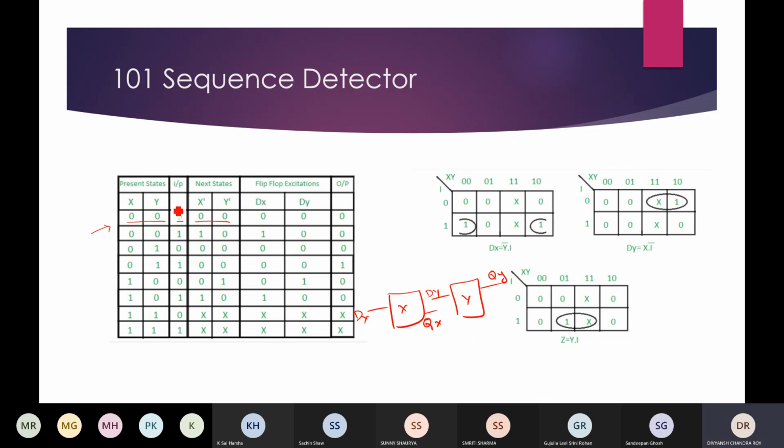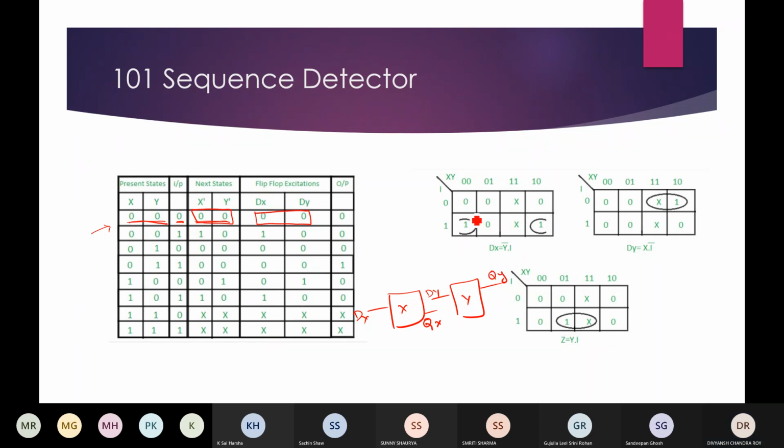So here you can see if my present state is 00 and input is 0, then next state is going to be 00, and to get 00 as output of D flip flop, we have to apply 0 0 to its x and y input.